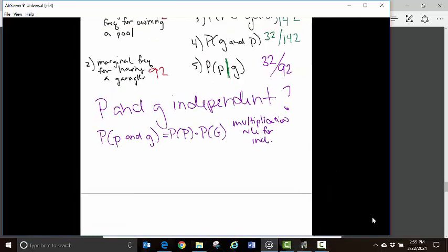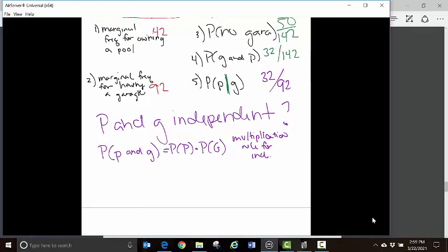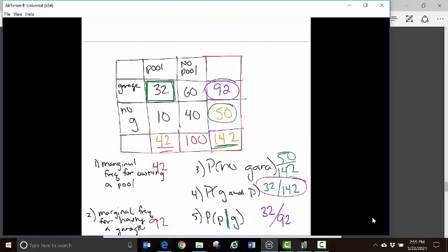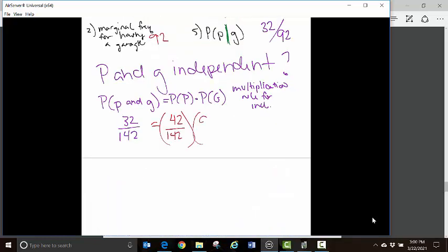So probability of pool and garage, well, that's 32 over 142. We'll figure out what that decimal is. What's the probability of just having a pool? Well, that's 42 out of 142, right? Because how many people have a pool? What's the probability of just having a garage? 92 out of 142.